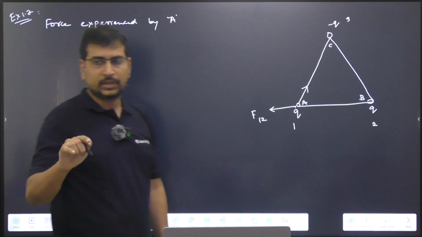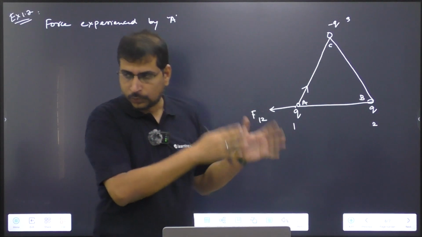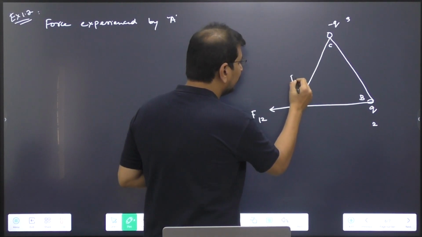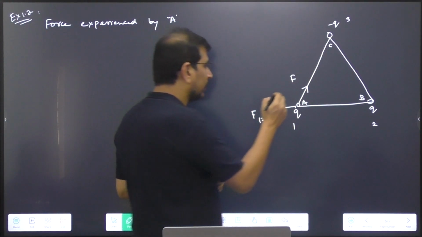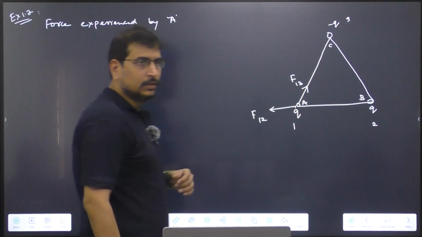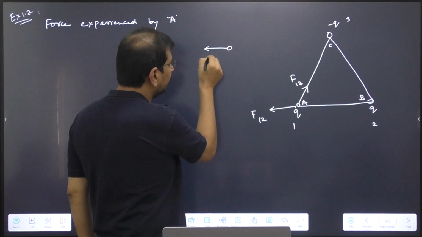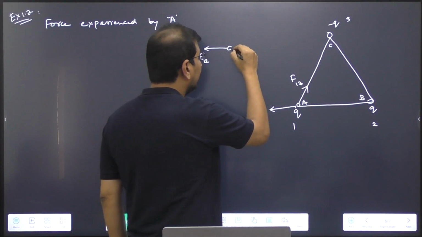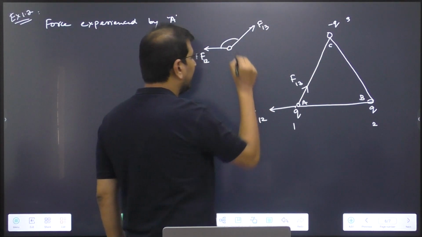If you observe the textbook, they have given you the directions, but let's not be concerned about it. Let's assume if it was not given, how are we supposed to find it? So I'll call this also as F, but what is the name I'll give to this? F13, right? So if you draw a separate diagram for the charge at A, one of the forces is in this direction with the name F12 and the other is in this direction with the name F13, and what is going to be the angle between both?